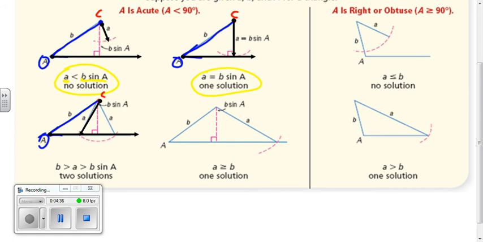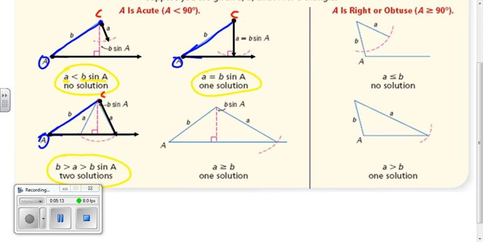It can go any angle that it wants, but it has to remain that length. And there's only two places, right here and right here, that would create a triangle. So in this case, there are technically two solutions. This solution would work, it would create a triangle here, and it would create a triangle here. And these type of situations only arise when we can say that B is greater than A, which is greater than B times sine A. In those situations, we have two solutions.